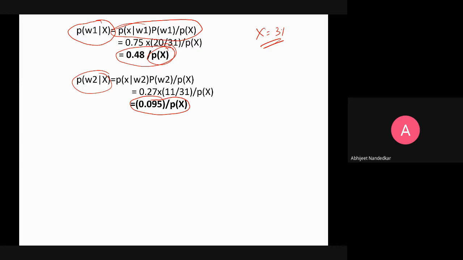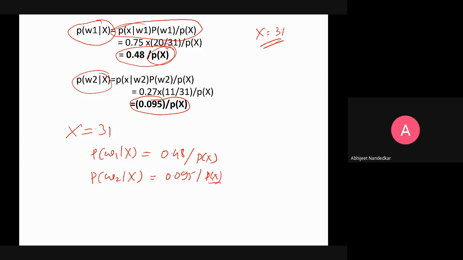Now what is the final decision? X was 3.1. The probability of omega 1 given x is 0.48 by p of x. The probability of omega 2 given x is 0.095 by p of x. This is a common term, so I need not calculate it.